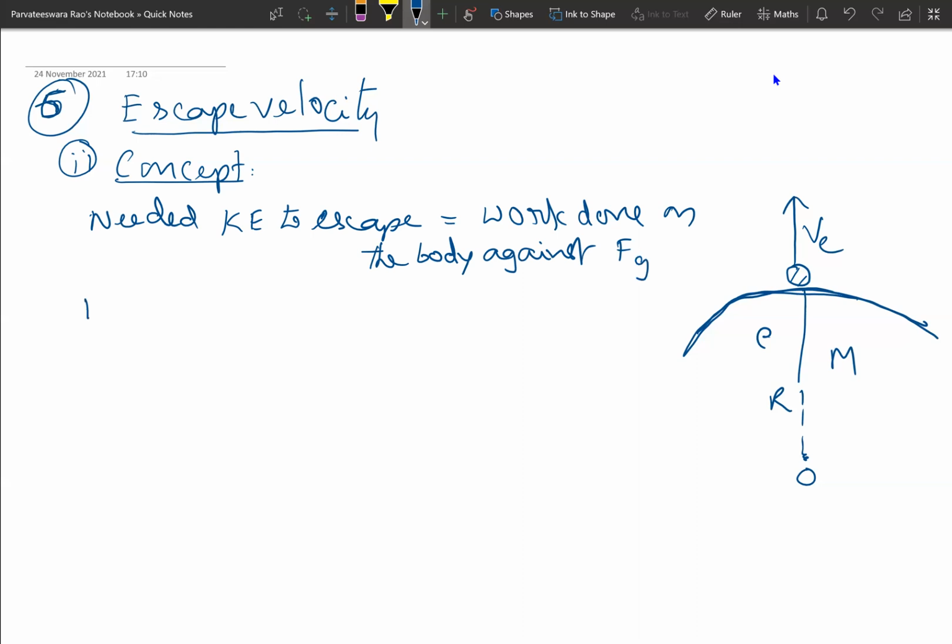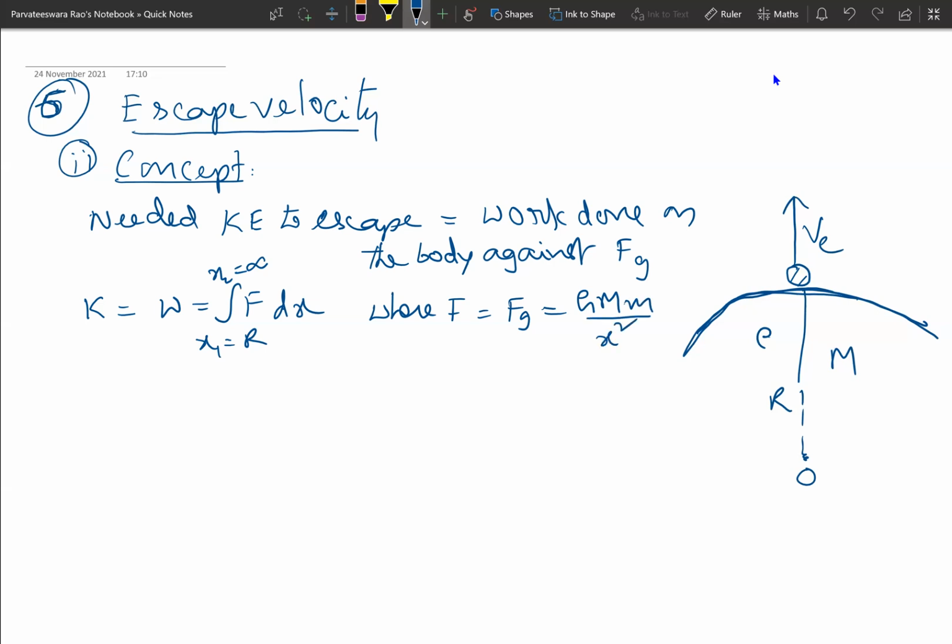So K is equal to W is equal to integral F dx, because here x is changing from Earth's surface to infinity, where F is equal to Fg is equal to G capital M small m by x square, because x is varying.